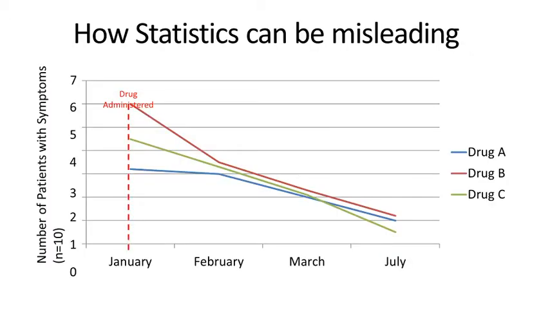Here's another example. Just take a moment and look at this real quick. You can see we're comparing drugs A, B, and C, and the number of patients with symptoms went down for all of them at about the same rate. But do you notice the problem here? If you look closely at the x-axis, you'll see it says January, February, March, July.